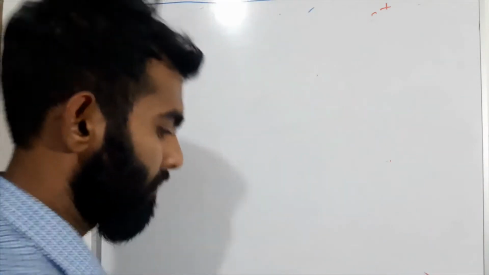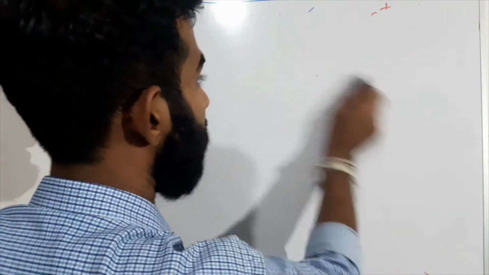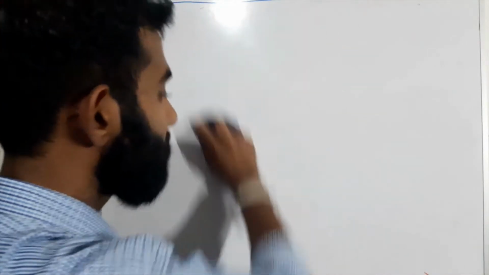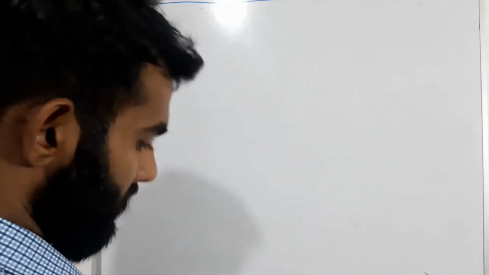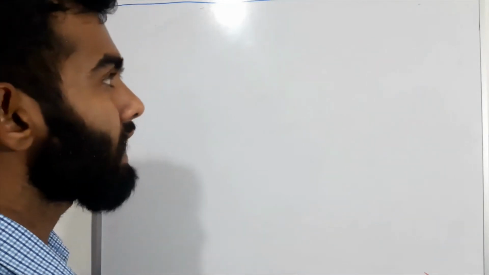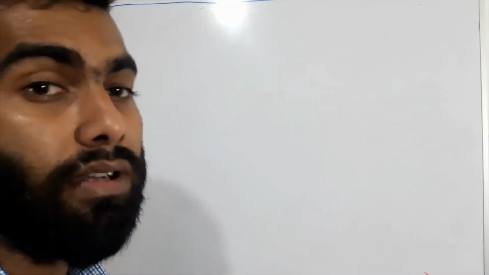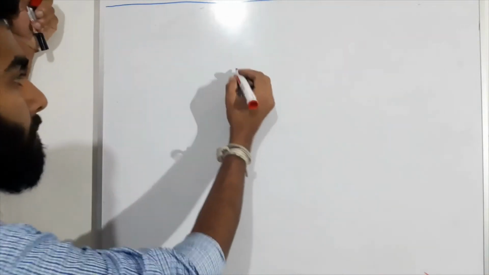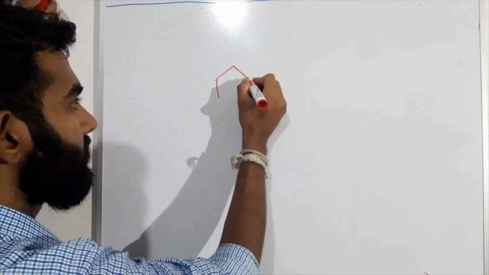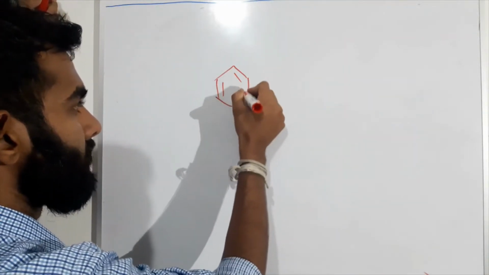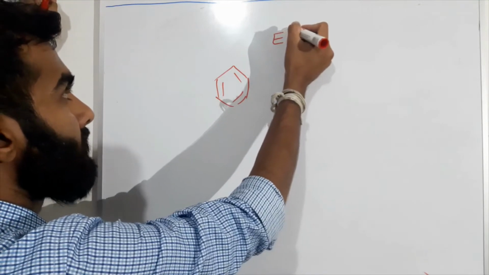So please observe this and listen to me very carefully. What happens in electrophilic addition reactions? Sorry, substitution reactions. Here, our benzene is here. Here, the electrophile will come.